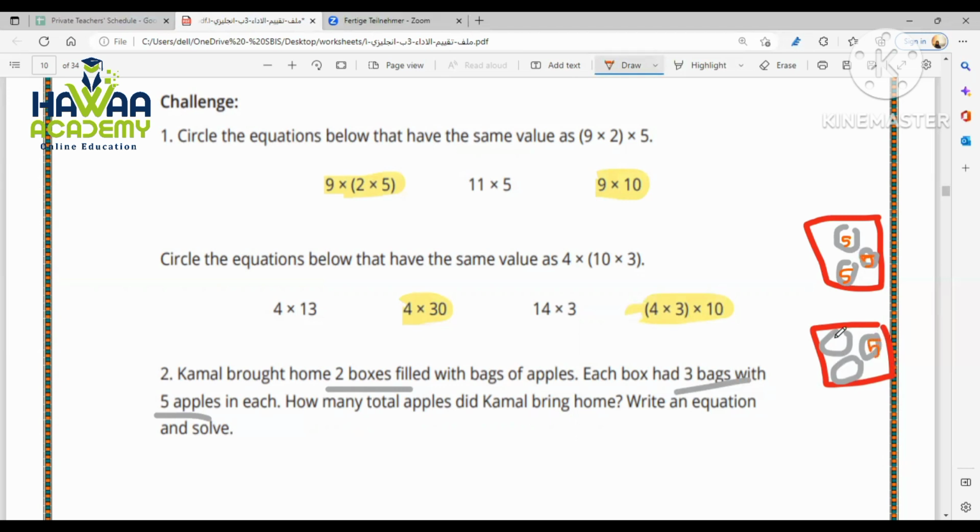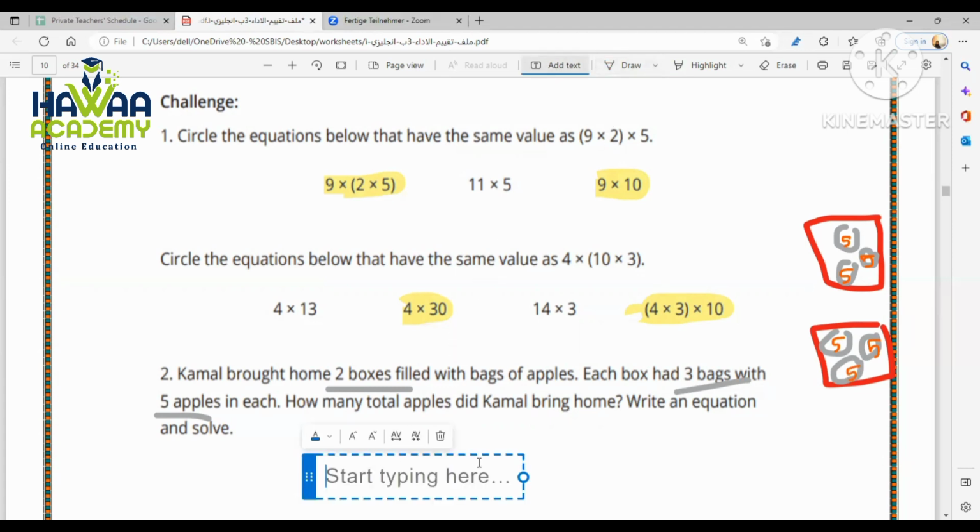So what do you think? What do we need to do? I can find how many apples there are in all. How? I need to multiply 2 times 3 times 5. But what do I do first? I could multiply these 2 numbers together.